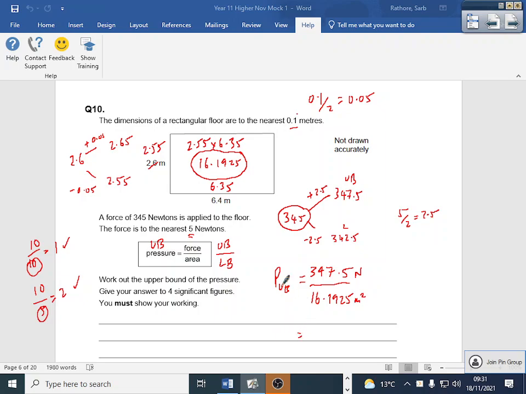So when I want the upper bound for this pressure, let's just do that now: 347.5 divided by 16.1925. You get 21.46055, etc. I want it to 4 significant figures, which is 1, 2, 3, 4. So my answer, the pressure, is going to be 21.46 newtons per meter squared.